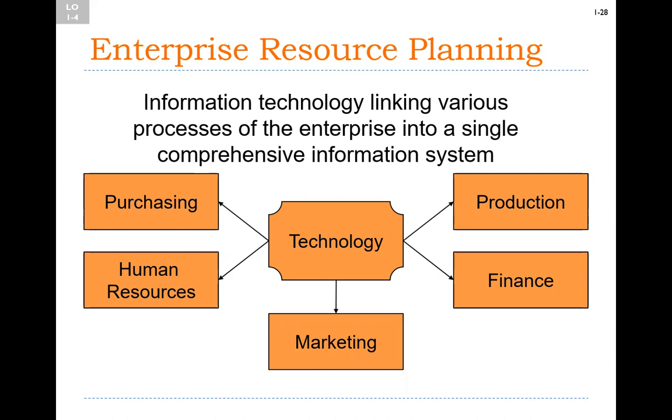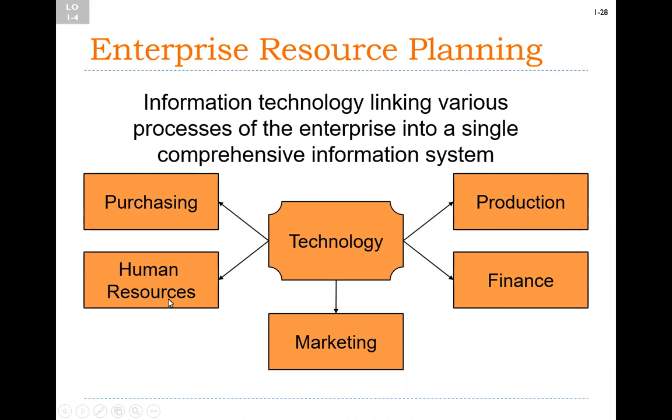Well, with enterprise resource planning software, we have all of the information held in a central location on a central database, and the individual departments are given access to the information that they need. So if production updates the customer's address, then it's updated in the database. Finance gets the right address.